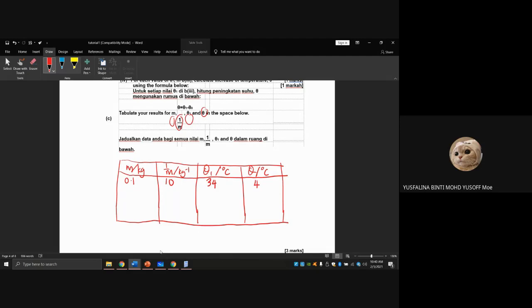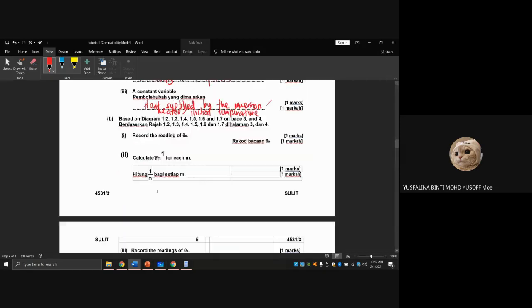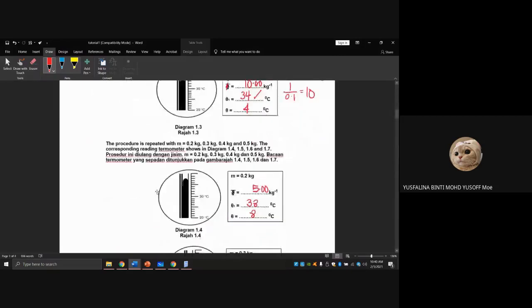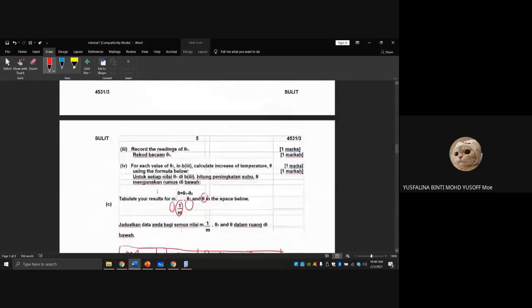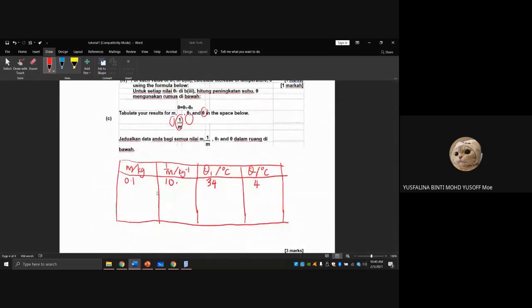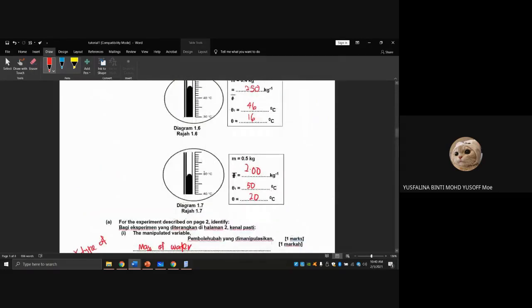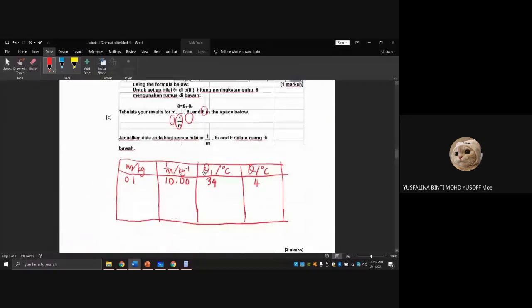But don't forget, this one is 10.00, so put 2 decimal points. The column already starts with 2 decimal points, so all the column must be in 2 decimal points. This one we already start in 1 decimal point, so all of it must be 1 decimal point. But if you have 2 decimal points, you have to put 2 decimal points.